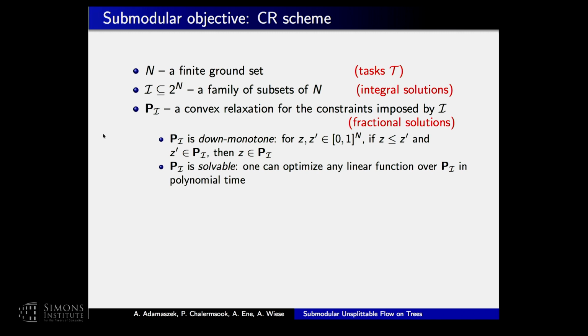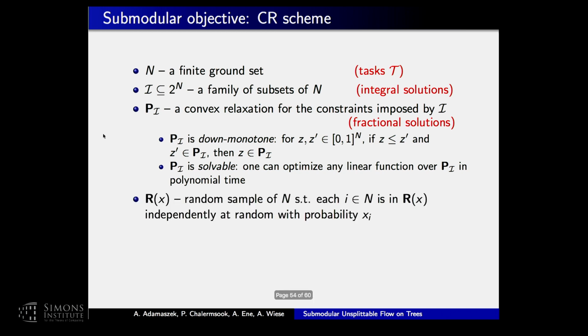It's like a collection of linear constraints, and we can optimize linear functions over the polytope. And then we introduce taking a random sample. So we have some fractional solution x, and a random sample R of x is essentially what was in the lecture before. So for every item, for every task, we take it into the random sample independently at random with probability x_i.